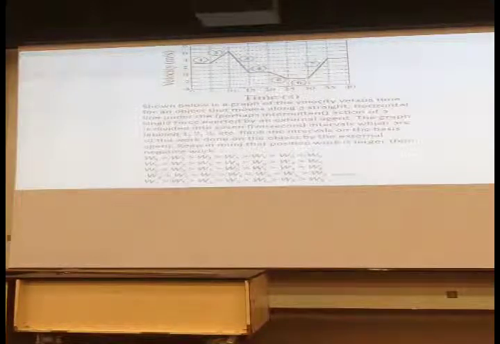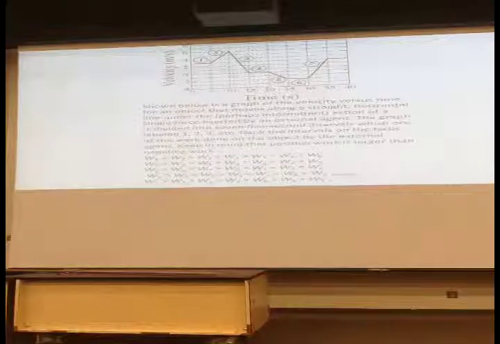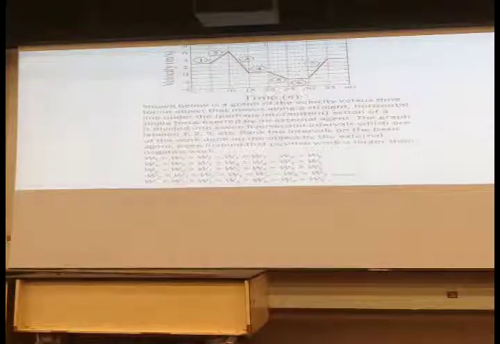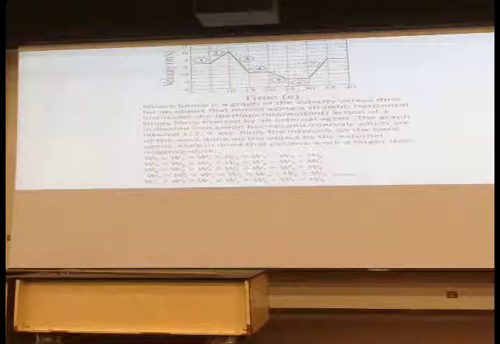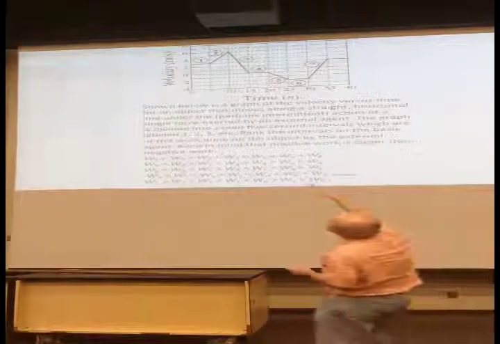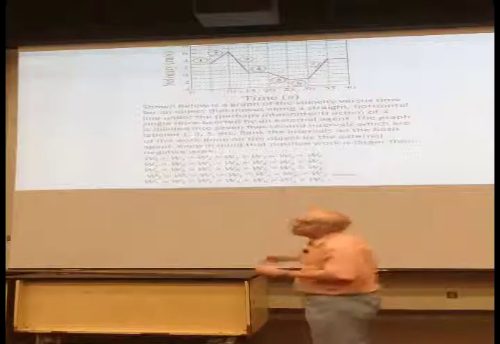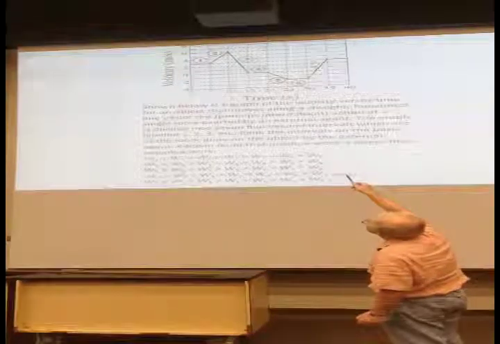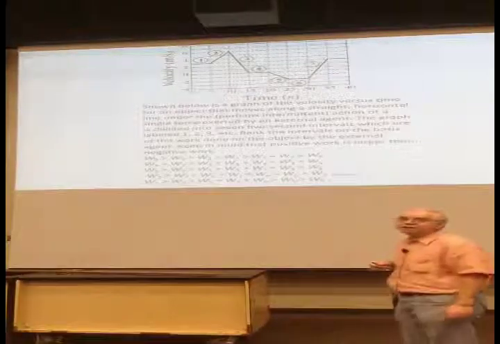But if you use the work energy theorem, you know that the work is the kinetic energy final minus the kinetic energy initial. And that's proportional to the velocity squared. So what you need to do is get v squared final minus v squared initial for each of the segments. Okay? So for the first one, you go from 3 to 3. So 3 squared minus 3 squared. For the second one, 6 squared minus 3 squared.